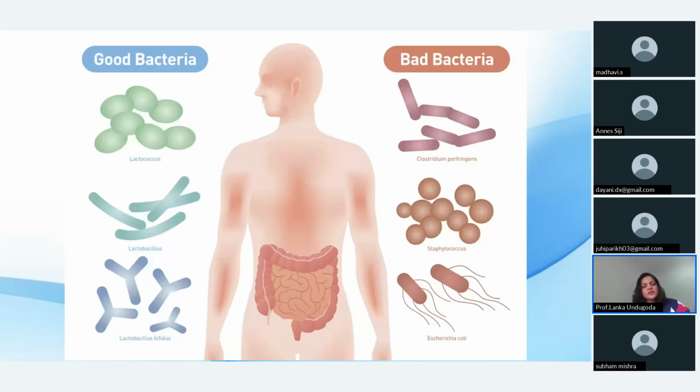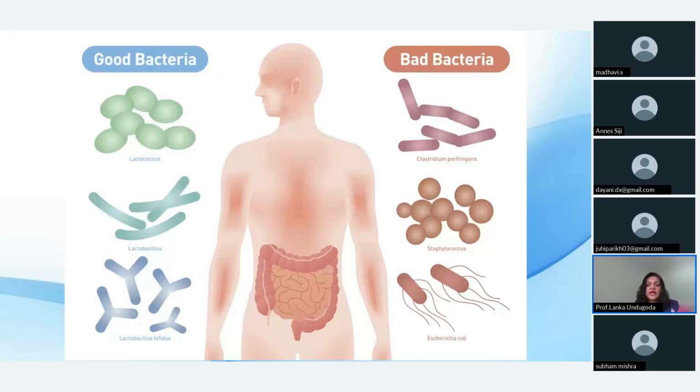The good point is there is a good balance between good and bad bacteria. When there's an imbalance, we call it dysbiosis. In the dysbiosis stage, you're not in healthy condition. You get different types of diseases and infections when there is imbalance.